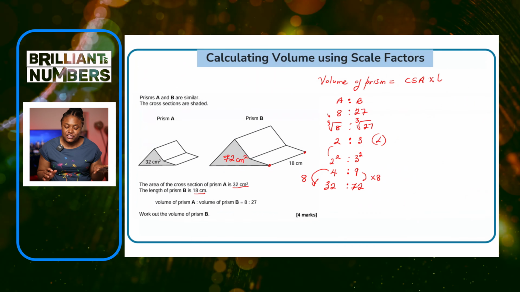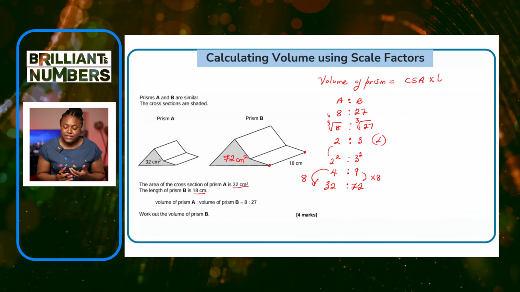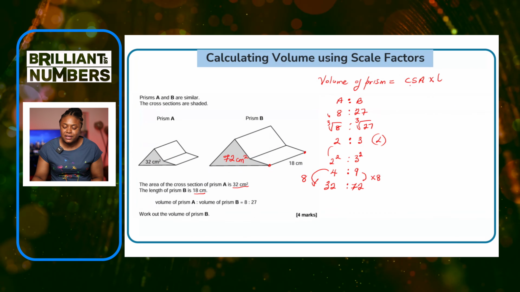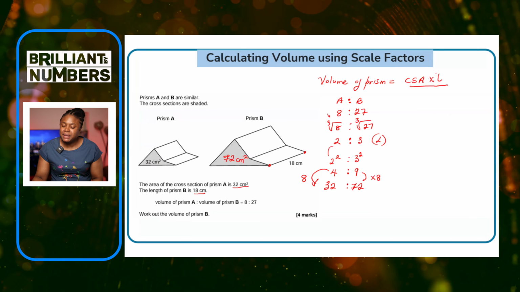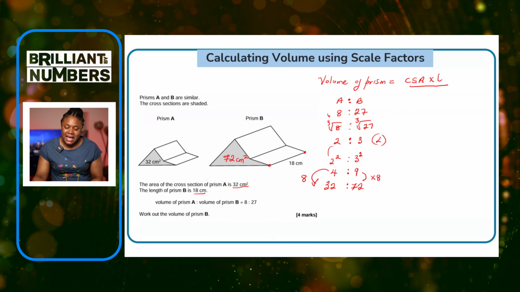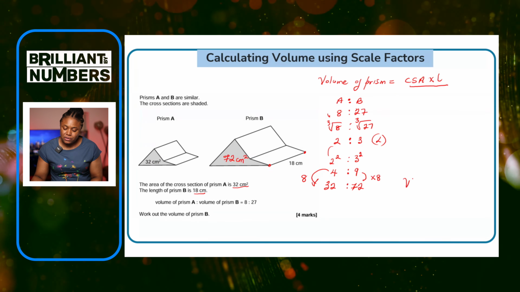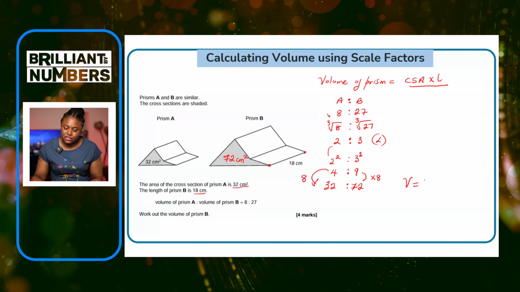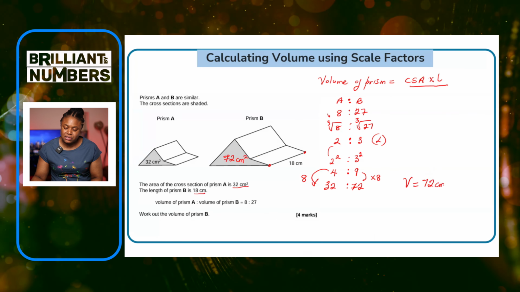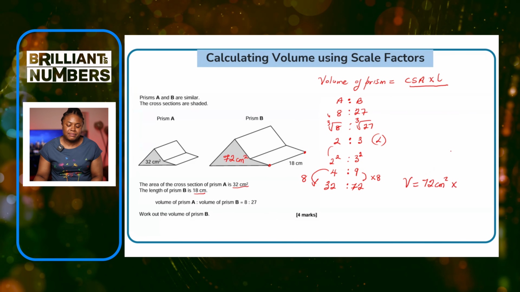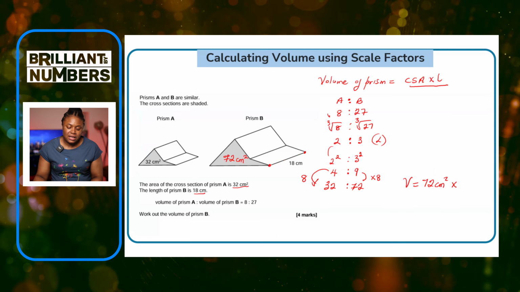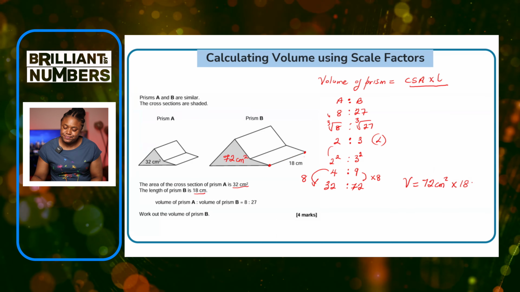Now, last thing to do is to just find the volume using the formula I wrote down at the beginning. So the cross-sectional area of prism B is equal to 72. So the volume is equal to cross-section 72 centimeters squared multiplied by the length, which is 18 centimeters.